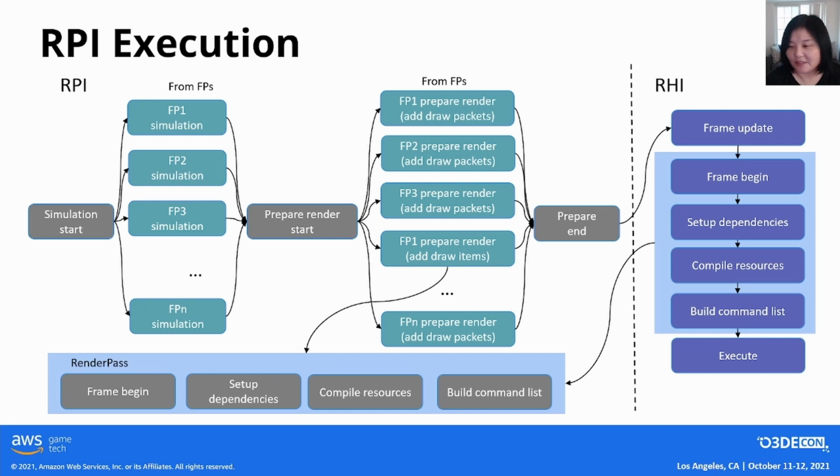In feature processor prepare render, they submit draw packets to views, or submit dispatch items to passes they know of. The RPI frame starts when all the preparation is done, and during this frame execution process in RPI, it will call render passes or callback functions.